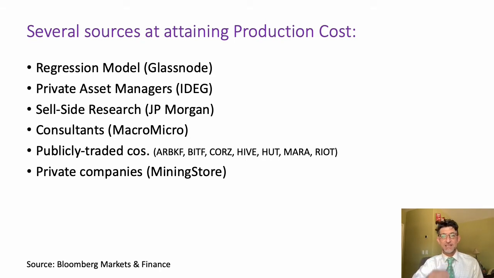How about sell-side research? Well, there's a few issues with that. Number one, there is no sell-side research. And if there is, there's very little. And right now, all I have is JP Morgan. And their sell-side research is basically based on the Cambridge Bitcoin Electricity Index. So what does that mean? It's just based on electricity. And obviously, you can't just base the production cost of Bitcoin just looking at electricity.